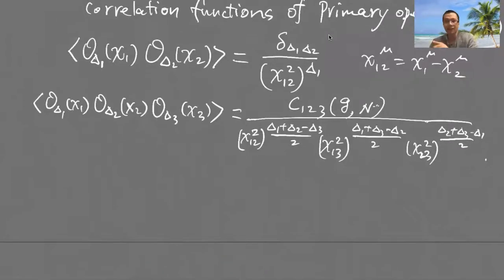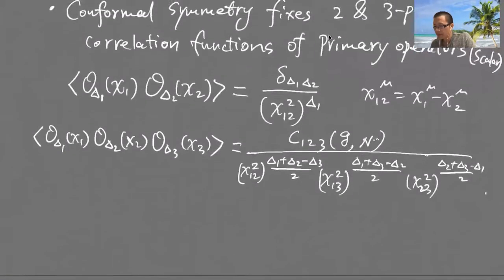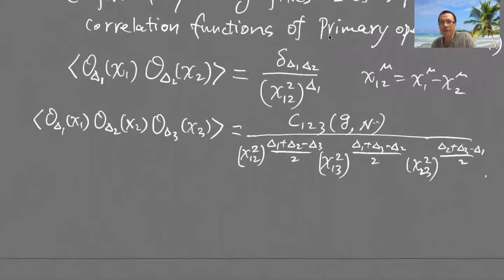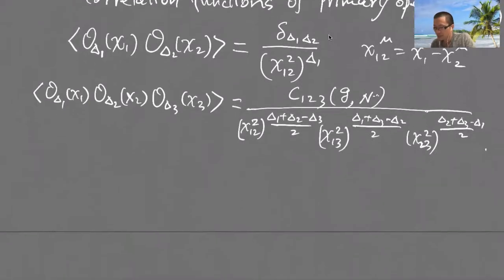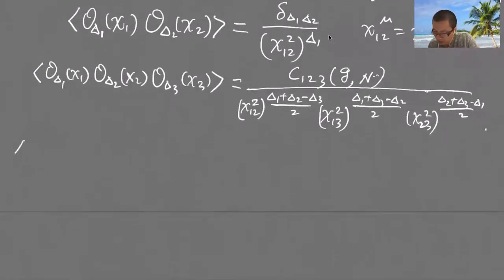Now, beginning from 4 points, the conformal symmetry cannot fix the correlator uniquely. However, for instance, at 4 points, let me simplify the story.